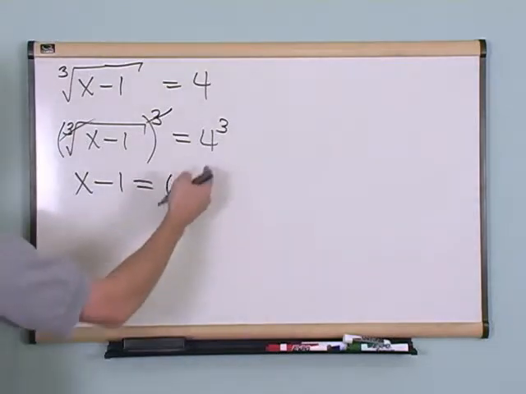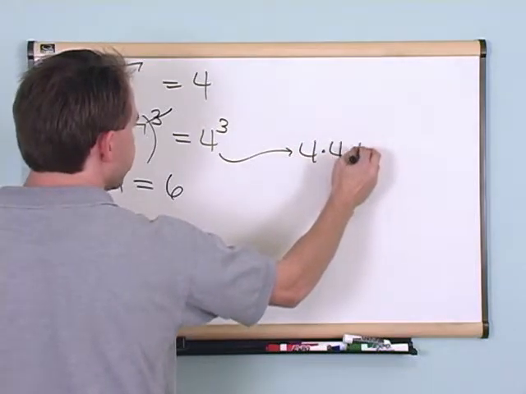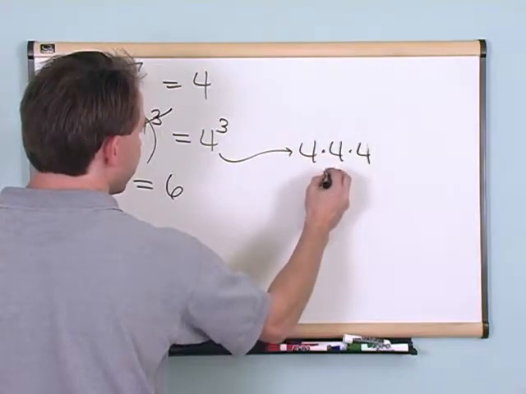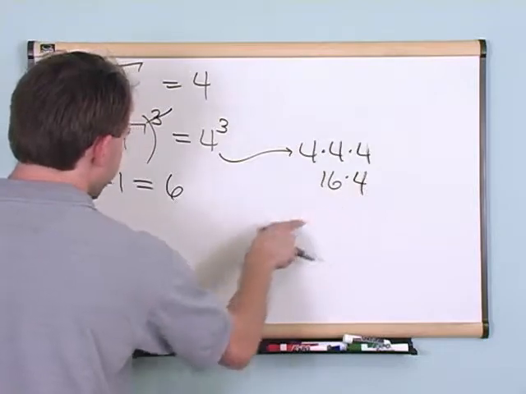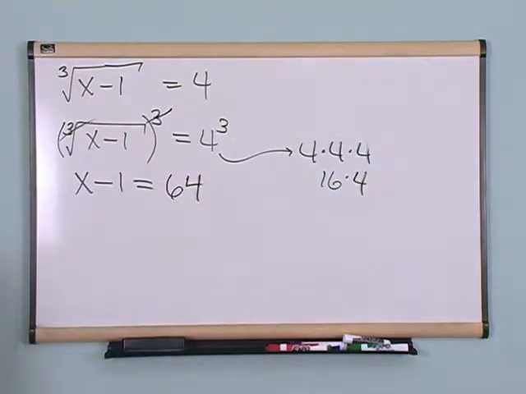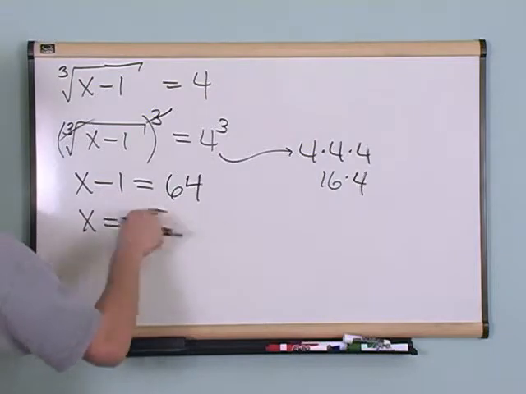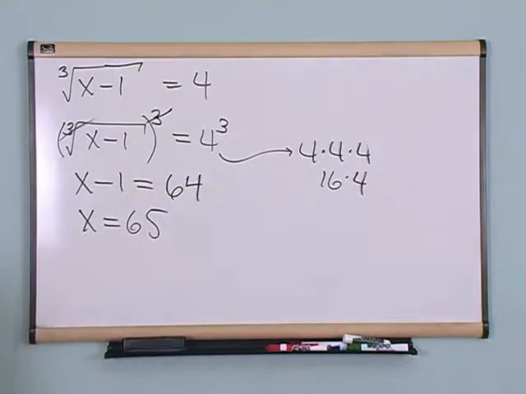If you put that in your calculator, this is just equal to 4 times 4 times 4. 4 times 4 is 16 times 4, and you'll see that that gives you 64. Okay? So x minus 1 is 64, so then x is equal to 65. Because I just moved the 1 over here, add 1, that's my answer.